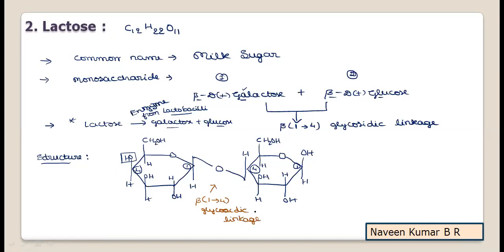Alpha 1,4 for maltose, beta 1,4 for lactose. So you only need to practice which are the combining monosaccharides very clearly, then go for practicing the structures. Structures are not complicated. If you learn the monosaccharide structures clearly, then it is possible to remember.